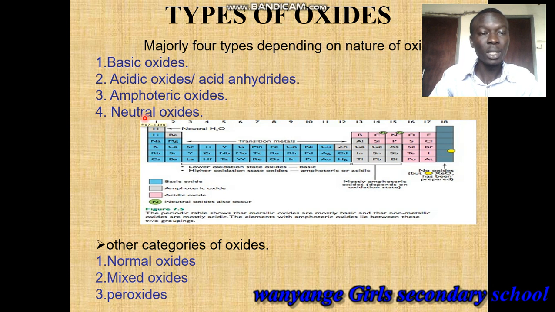So in the periodic table, where you see metals, you must suspect either basic oxides or amphoteric oxides. You can see here shaded purple, all these that are shaded purple are basic oxides.